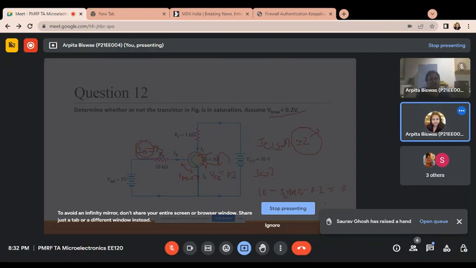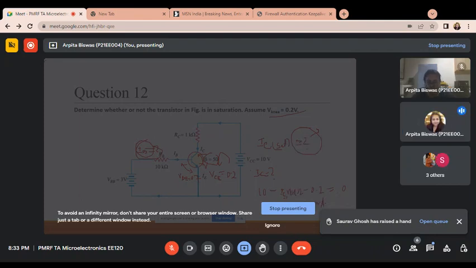Now you are getting it. So when you calculate now, you will get I saturation equal to 9.8 divided by 1 kilo ohm, which is 9.8 milliamps. Okay, thank you.